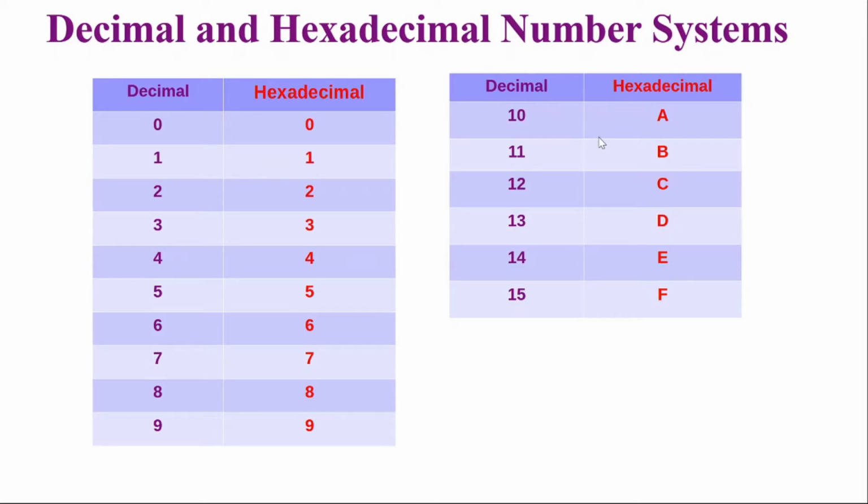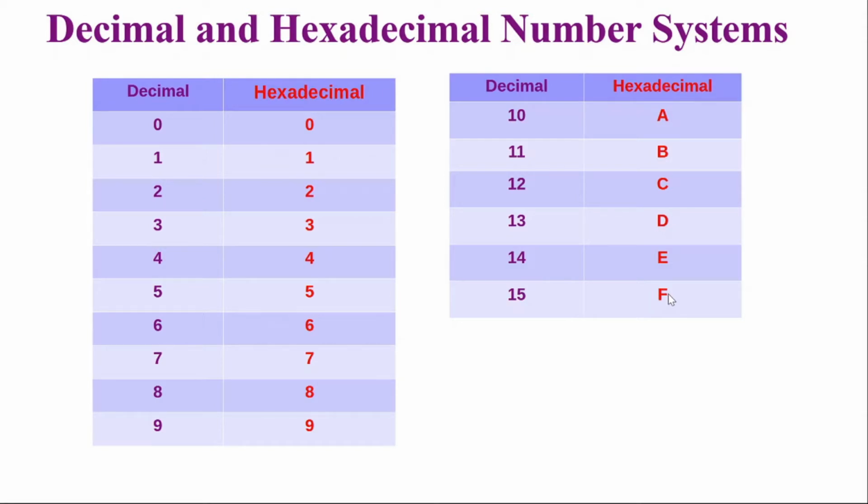Here 10 in decimal system is equivalent to A in hexadecimal system. 11 is to B, 12 is to C, 13 is to D, 14 is to E and 15 is to F.